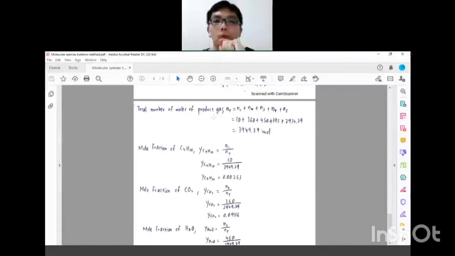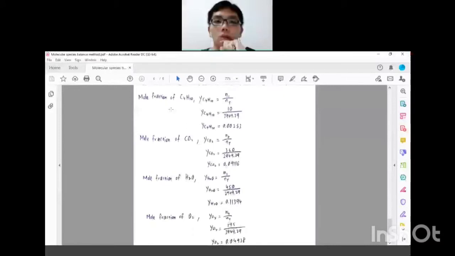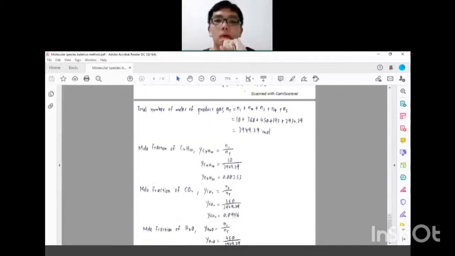To find the molar composition of each product gas, we will need to sum up the individual number of moles of product gas. So the total number of moles of product gas will be equal to 3949.29 mole. And then we calculate the mole fraction of each product gas. For the mole fraction of the butane, yC4H10 is equal to the number of moles of butane over the number of moles of the product gas, which has been summed up just now.